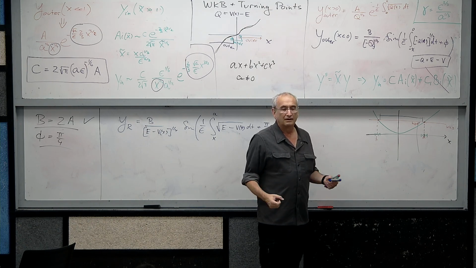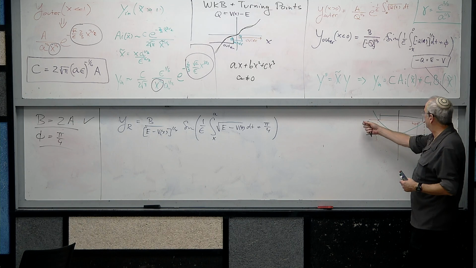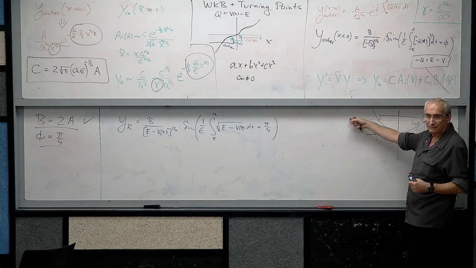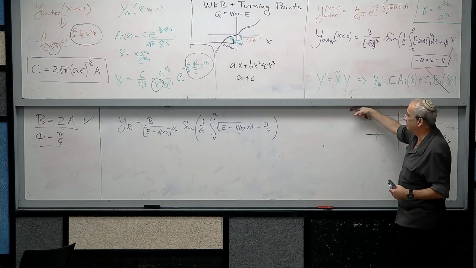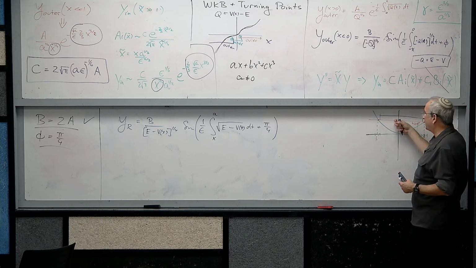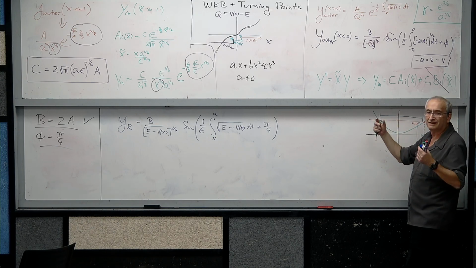Okay? By the same token, what about if I start here? Right? I will start here. I will take here the exponentially decaying solution, and I will match here to the Airy, and so on and so forth. It will give me exactly the same results.